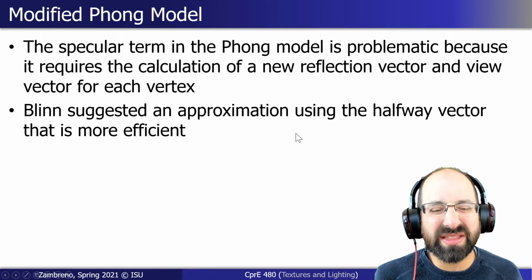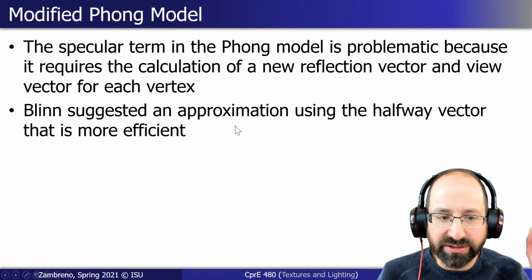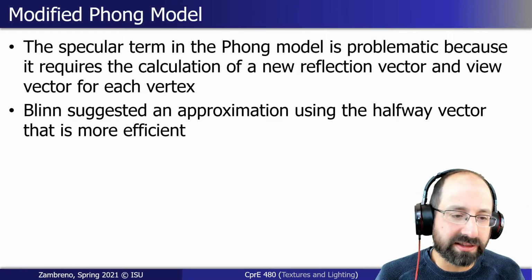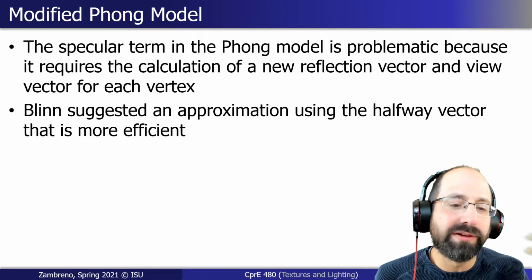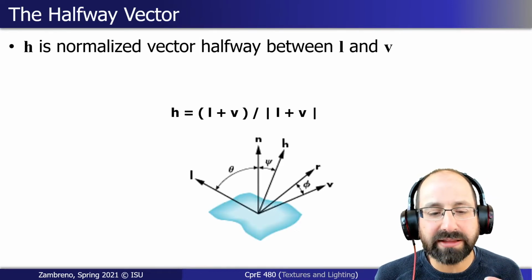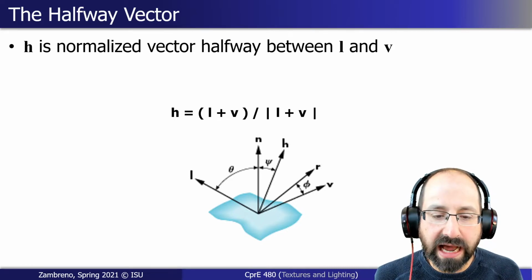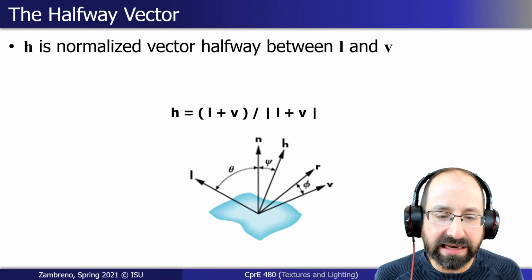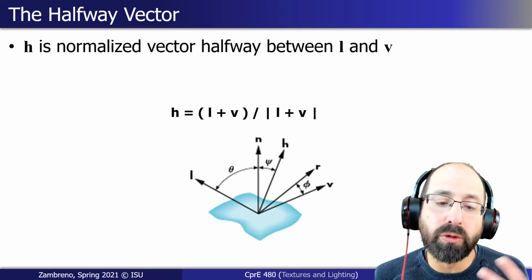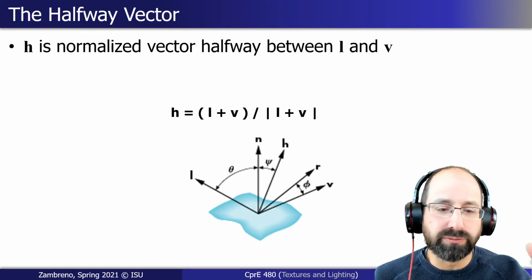So when we talk about the Phong shading model, what is still most common is instead a calculation of a halfway vector. This is the Blinn modification of the Phong shading model. I don't think the detail matters so much, but in practice, instead of calculating v.r, we calculate n.h, and that allows us to do a little bit less math per vertex, with a result that looks roughly the same.